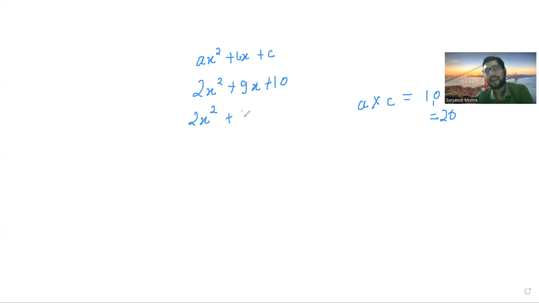So remember the factors of 20. If you try to write the factors of 20, 4 and 5 will be two factors of 20, right? So we can write 4x and 5x because when we add them, it is going to give us 9x, right?